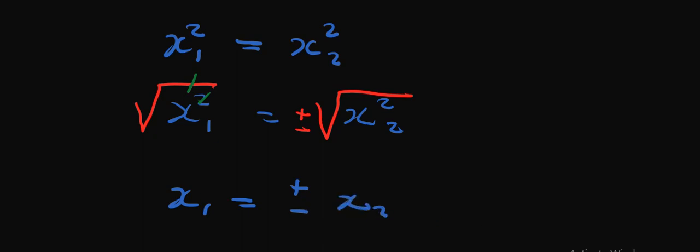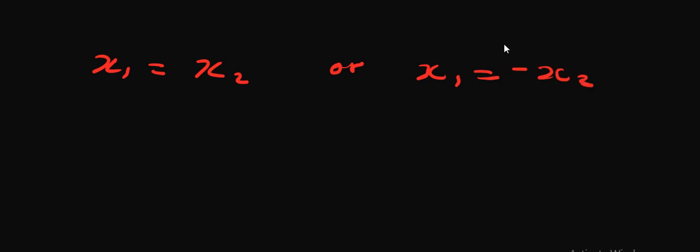This means that x1 is equal to positive x2, or x1 is simply equal to negative x2. Now, because this is producing two results, this result and that result, this means that this function is not a one-to-one function.